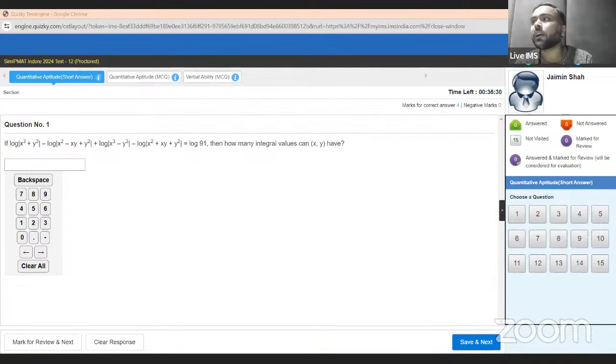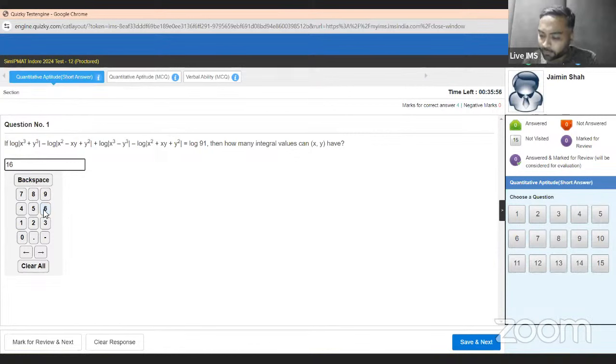I need to find out how many factors there are of 91. I don't need to apply the formula. I can see that 1, 7, 13 and 91 are the only four factors. If this is 1, this is 91. This could be plus minus, this could be minus plus, and vice versa. So 2 into 2, 4 into 2, 8 combinations, and 7 and 13 will have another 8 combinations. So there will be a total of 16 combinations here.